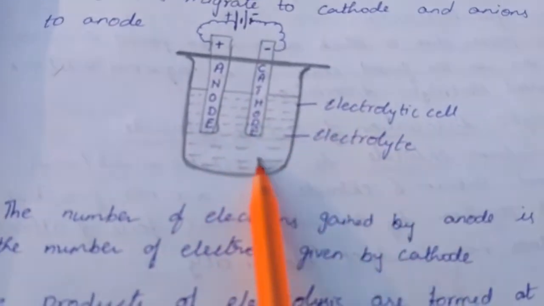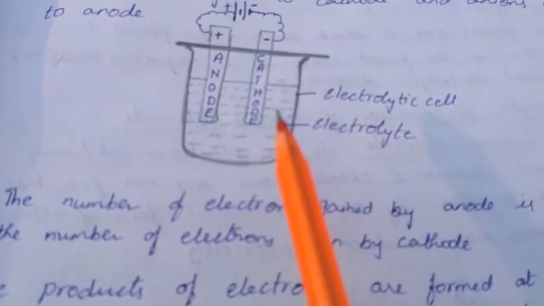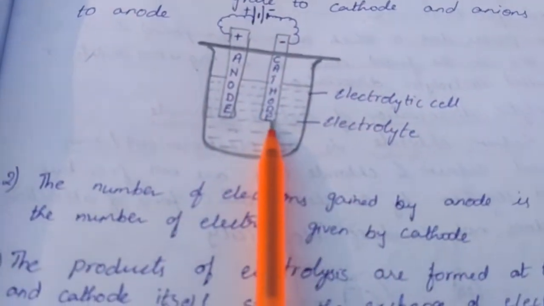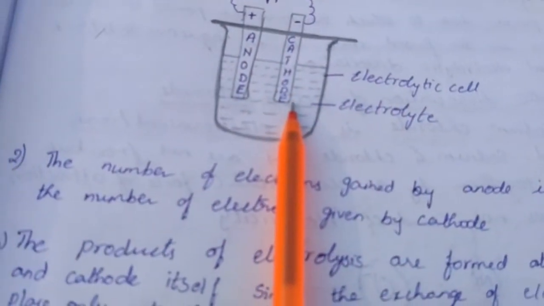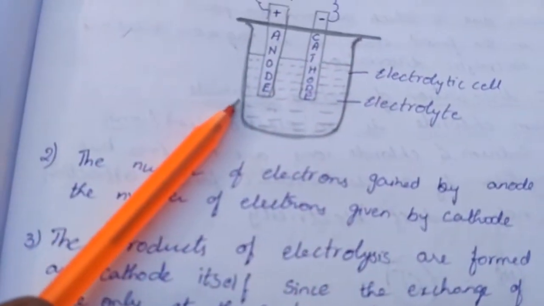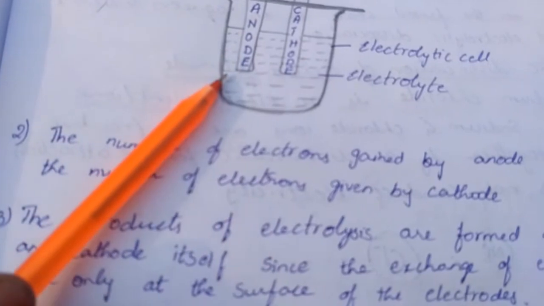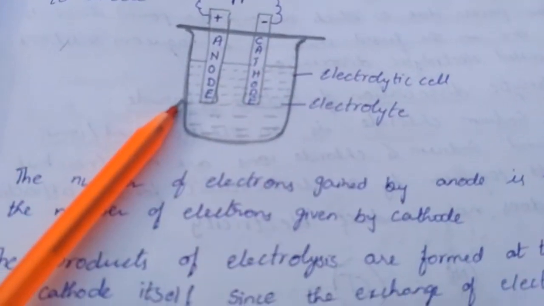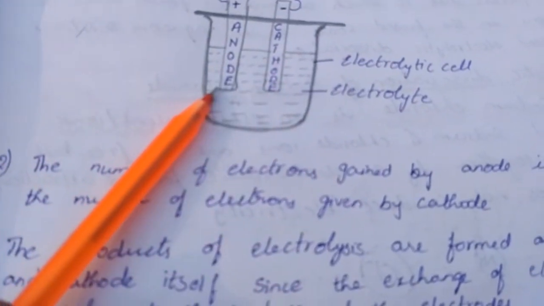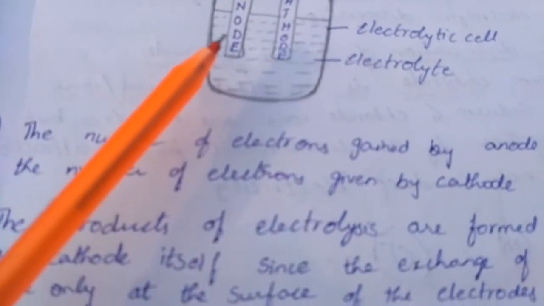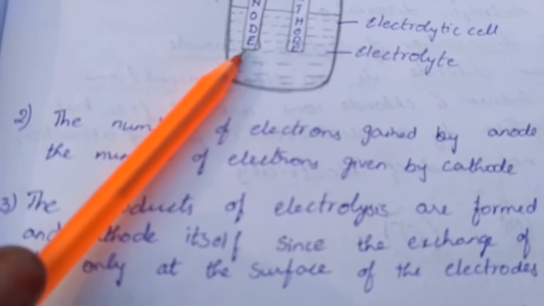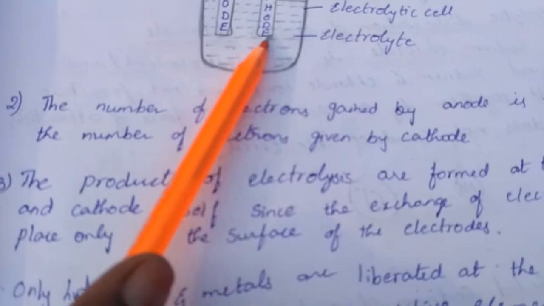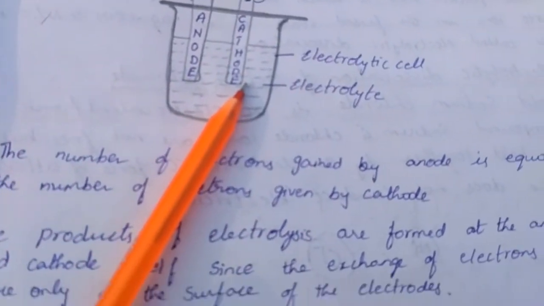That means at the cathode, gaining of electrons takes place, so we can call that reduction takes place at the cathode. While the anode involves oxidation of anions, that is, they lose electrons. The anions will lose electrons and become neutral elements. Understand? That means at the anode oxidation is taking place and at the cathode reduction is taking place.